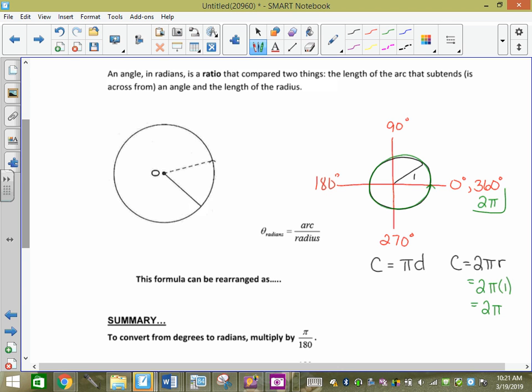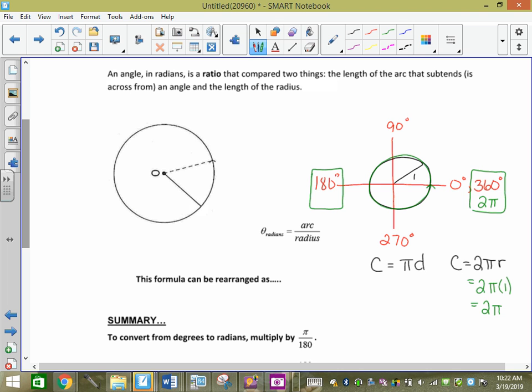So 2 pi and 360 are besties. 2 pi is the radian measure, and 360 is the degree measure. Okay? So if 360 is 2 pi, what would 180 be besties with? If 360 is 2 pi, and it's 2 times the amount of 180, what would 180 be?